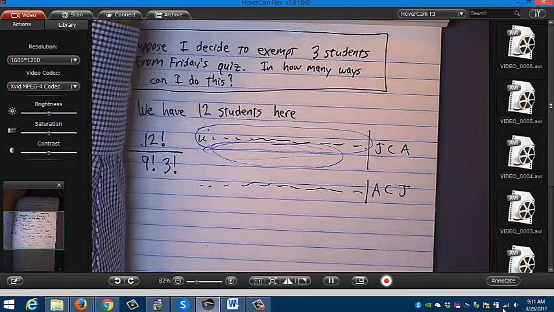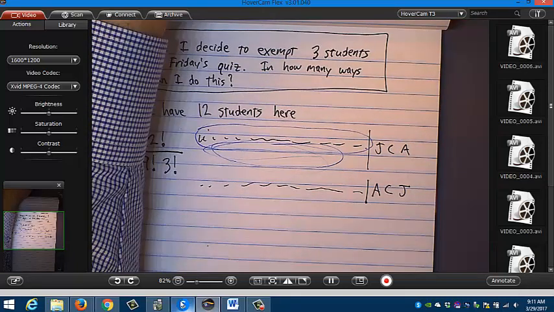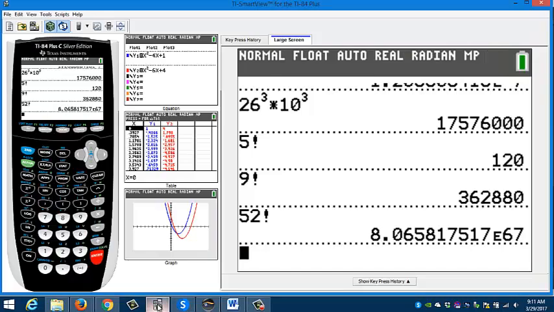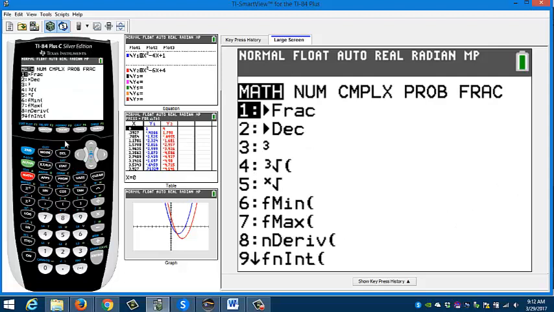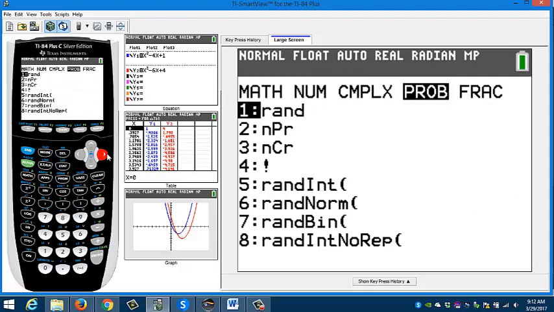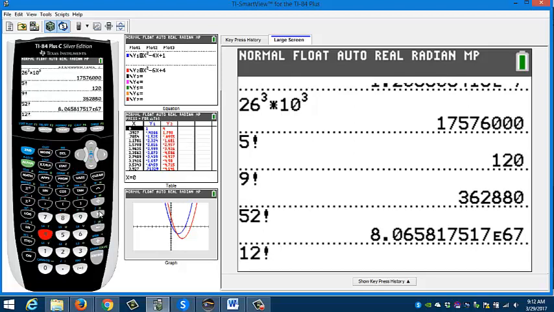So, let's do that. We have 12 factorial. So again, that's choice 4 here. 12 factorial divided by, and now what I would do is I'd open a parentheses and I would write 9 factorial, which I think I already have, right? I could just select.